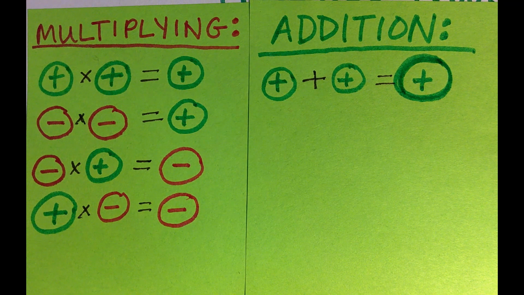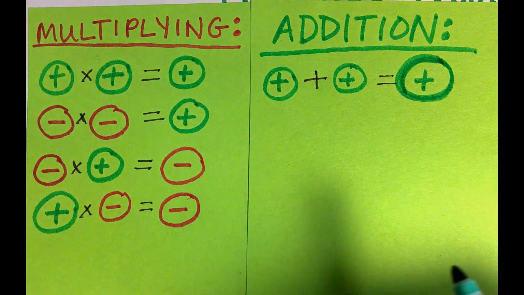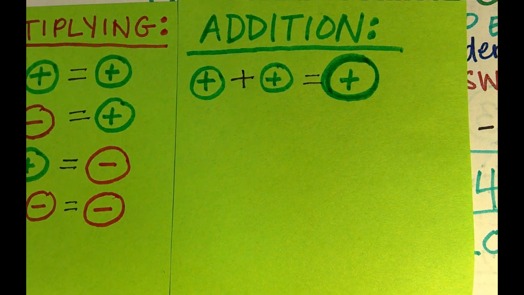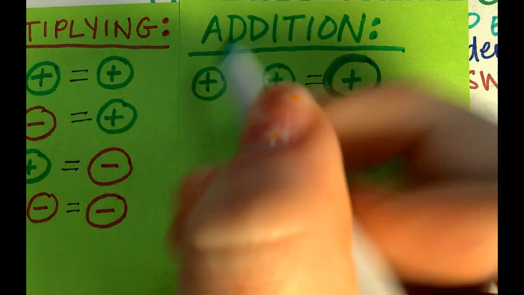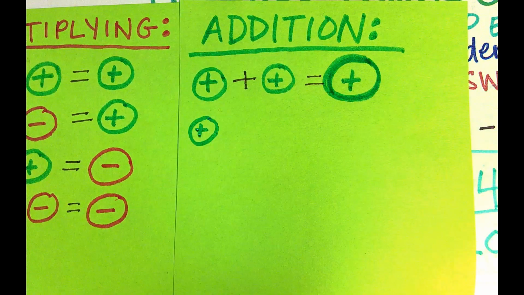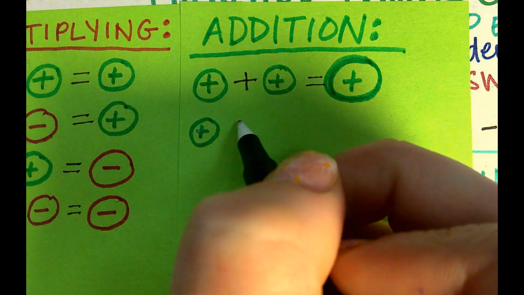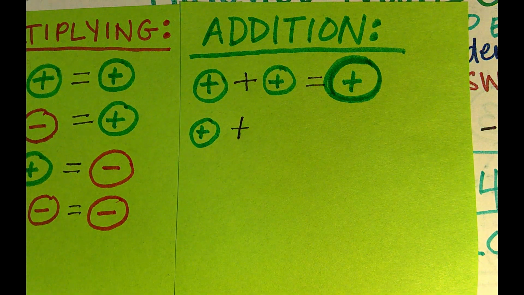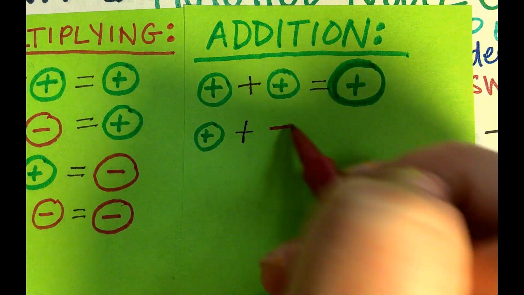Now, here's where it gets a little bit tricky. And I'm going to try to explain it, but tell me if my explaining doesn't make sense. What if I do a positive number plus a negative number?